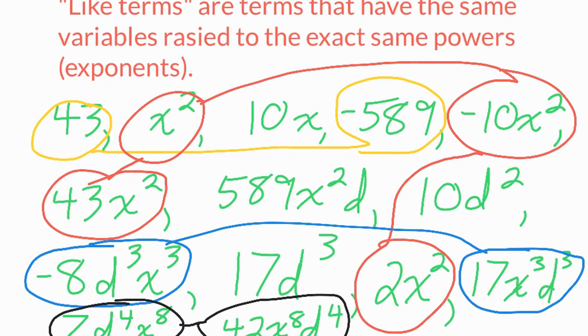So the exponents above the variables inside the term do not have to match, but within the terms they do have to match. So here I have x raised to the 8th power, and here I have x raised to the 8th power, and here I have d raised to the 4th power, and here I have d raised to the 4th power. Okay, let's move on.